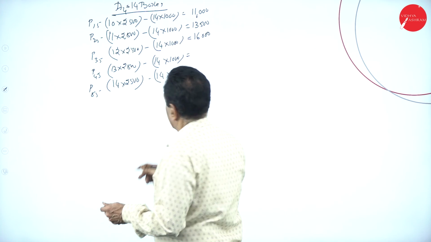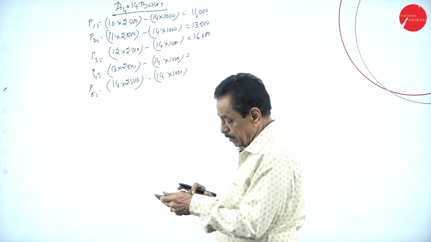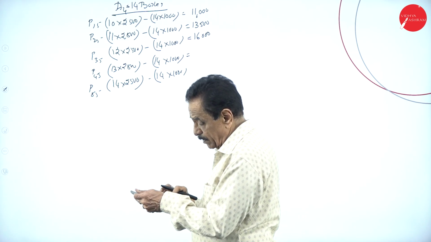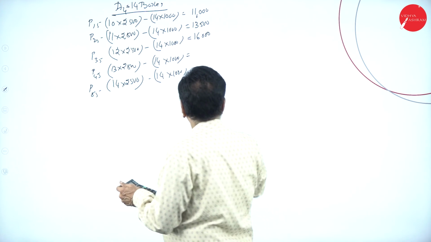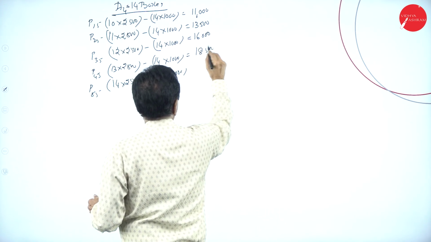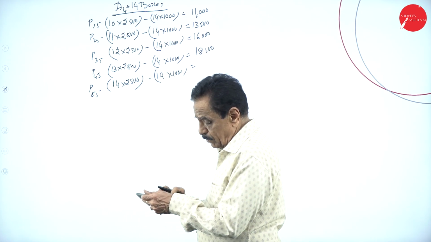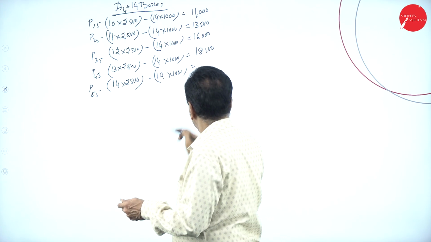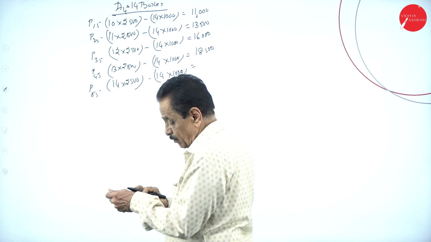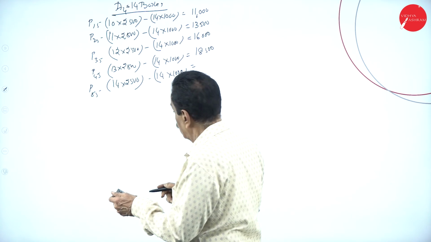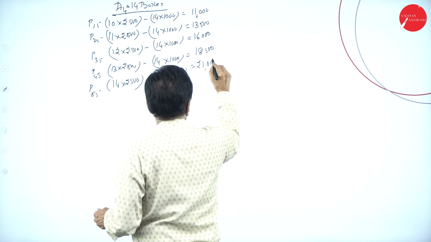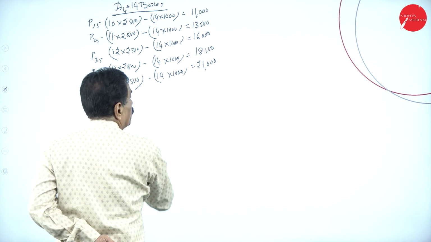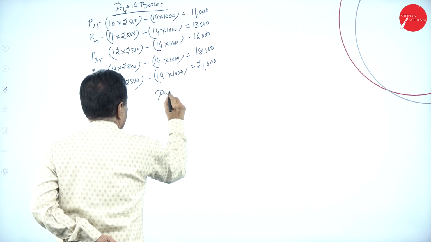Then 13 into 2,500 minus 14,000, 18,500. 14 into 2,500, 35,000 minus 14,000, 21,000. So this is one side. Now you have to construct the payoff table.